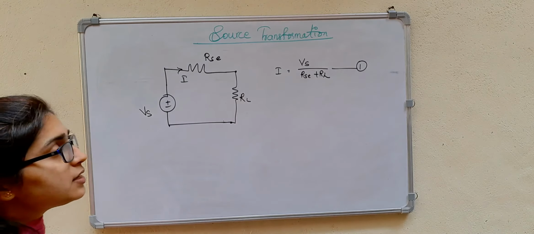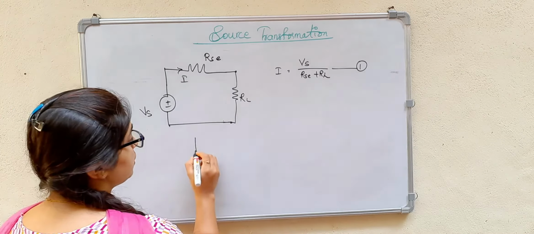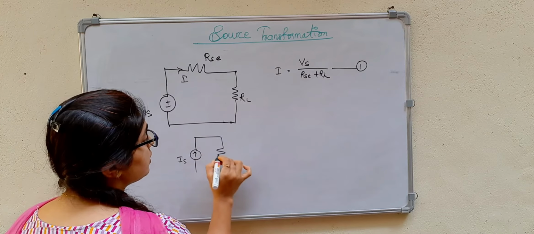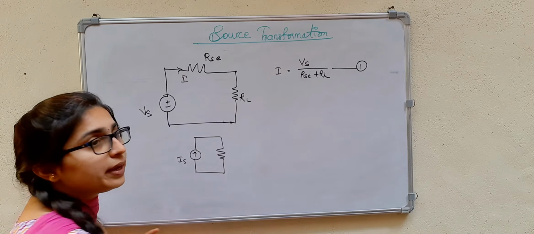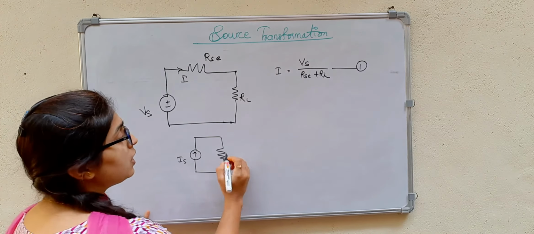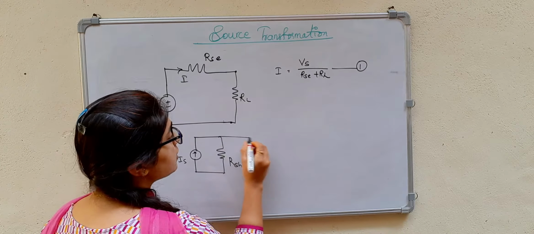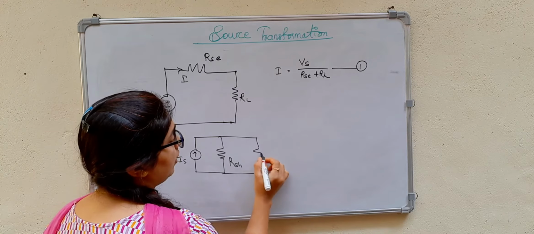Next, let us consider the practical current source. This is Is, and it has an internal resistance. The high internal resistance will be in parallel to the ideal current source. That will be your practical current source. This is RSH, and let us connect the load here, that is RL.